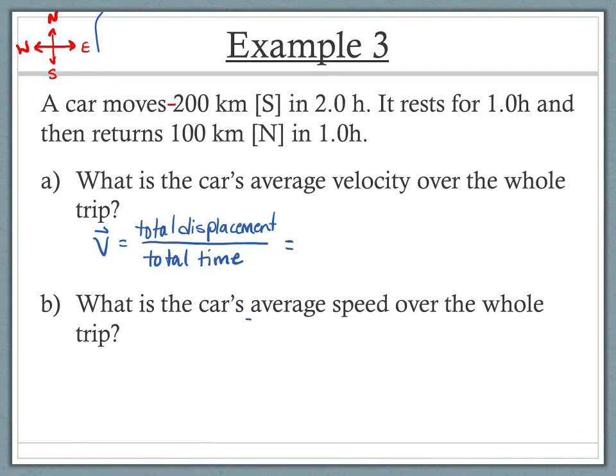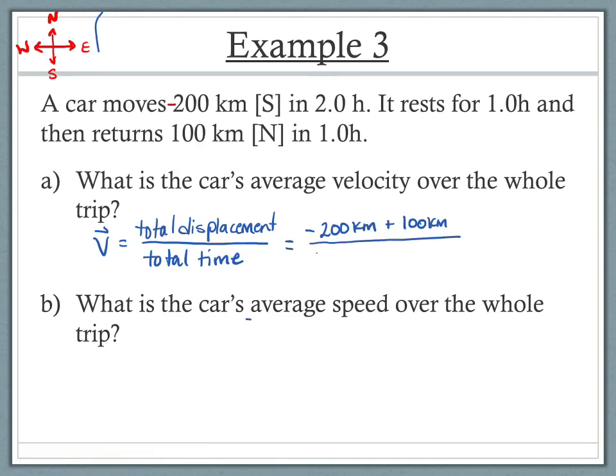Let's think about that. First of all, what is its displacement? Well, it starts by going 200 kilometers south, so that is negative 200 kilometers, right? And then it's going 100 kilometers north, so that is positive 100 kilometers. So there's its total displacement.